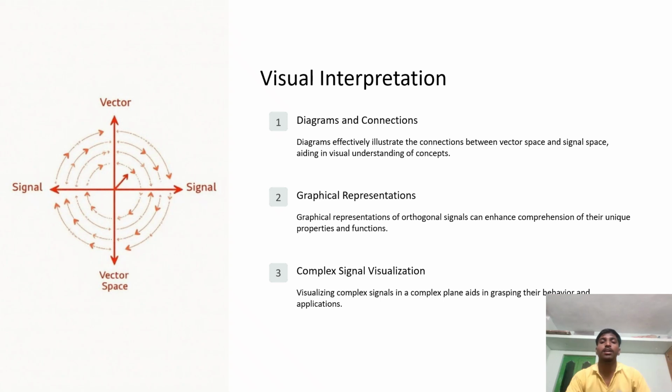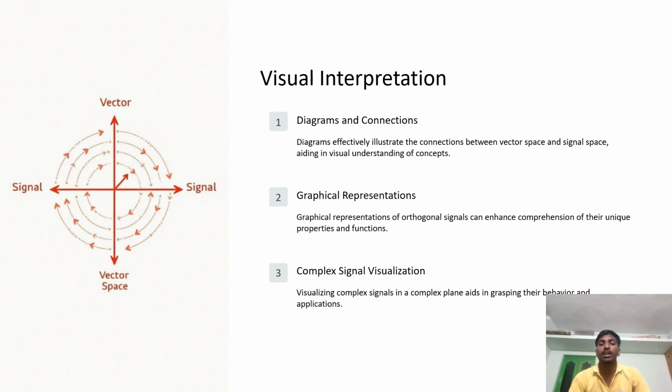Visual interpretation. First one, diagrams and connections. Second one, graphical representation. Third one, complex signal visualization. First one, diagrams and connections. Diagrams effectively illustrate the connections between vector space and signal space, aiding in visual understanding of concepts. Second one, graphical representation.